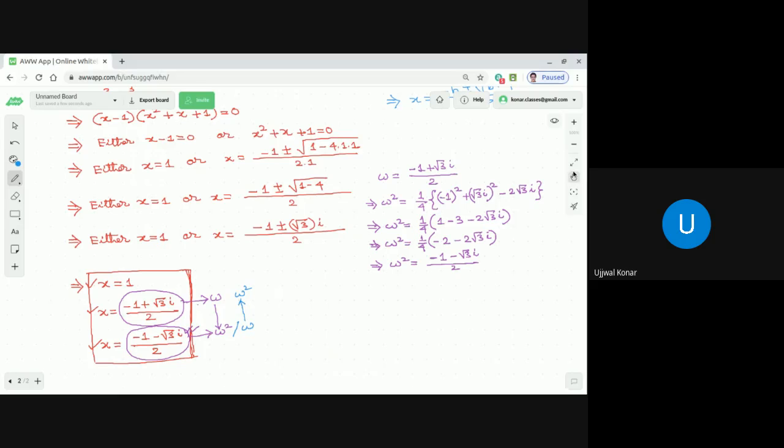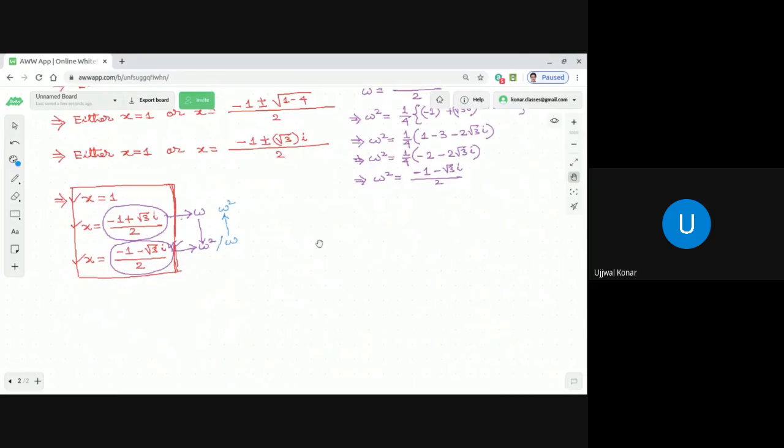Let me do it so that it is amply clear. So let us consider omega is equal to minus 1 minus root 3 i by 2. Then what we are going to get, omega square, dear students?